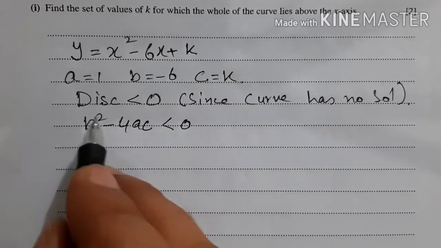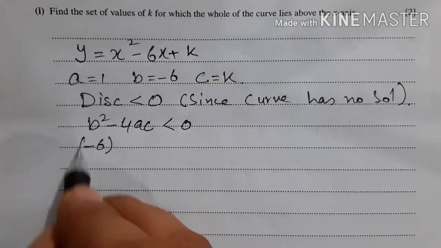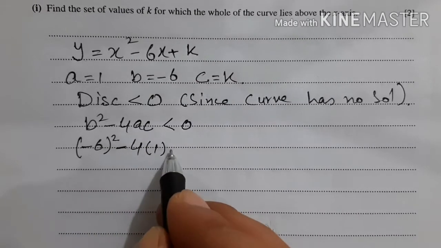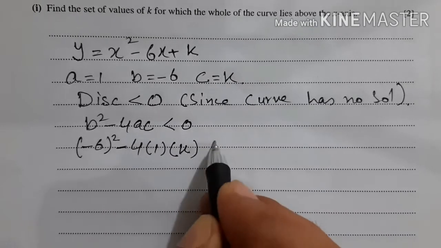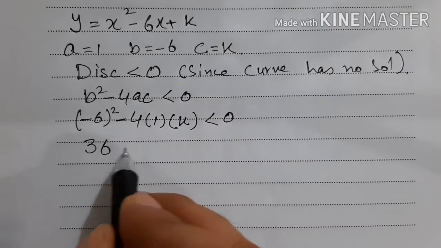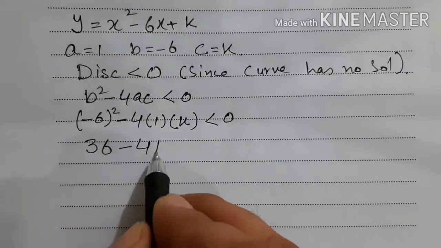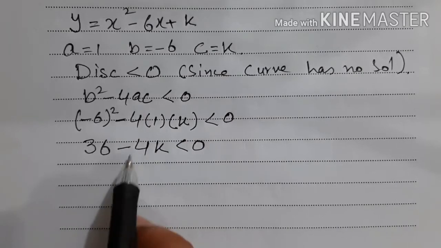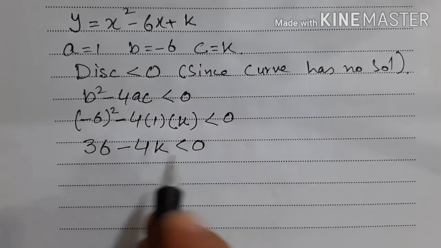Put the values. b is minus 6, squared, minus 4 into 1 into k is less than 0. This will be 36 minus 4k is less than 0. So take k on the other side.